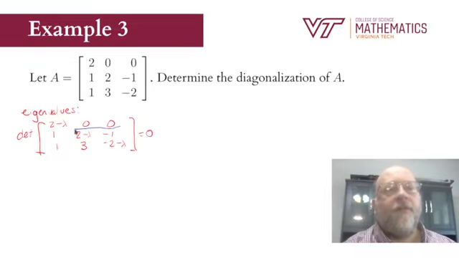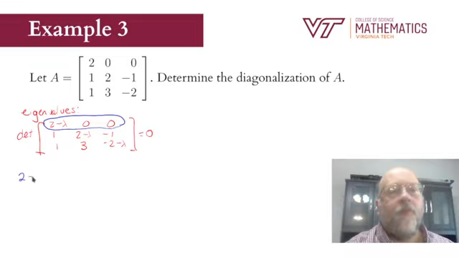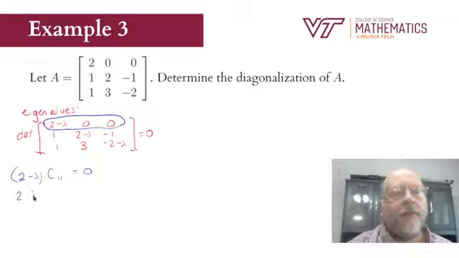Since there are a bunch of zeros in the top row, I'm going to do a cofactor expansion along the top row.